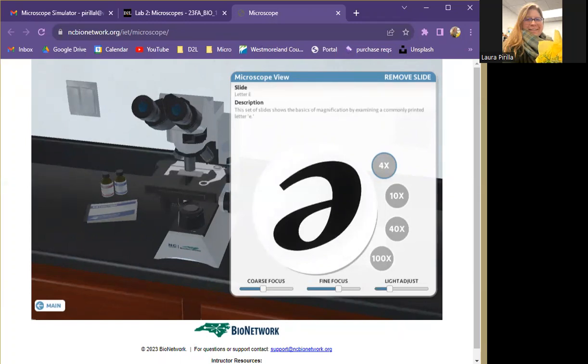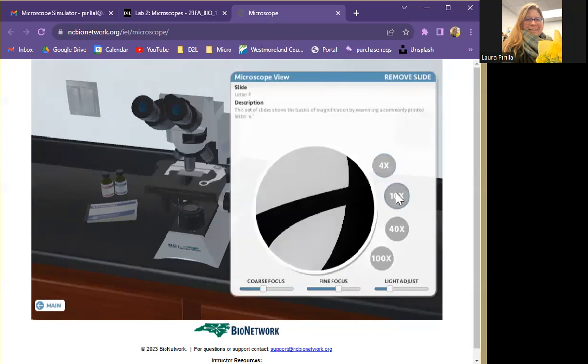Then the next thing we're supposed to do is click on the 10x circle. Notice that the nosepiece on the microscope is going to rotate automatically. So watch, I click here on this 10x and watch the microscope. So that little animation it just did there, where it kind of disappeared and then all of a sudden it was zoomed in more, is sort of how it looks when you look through a microscope, right?